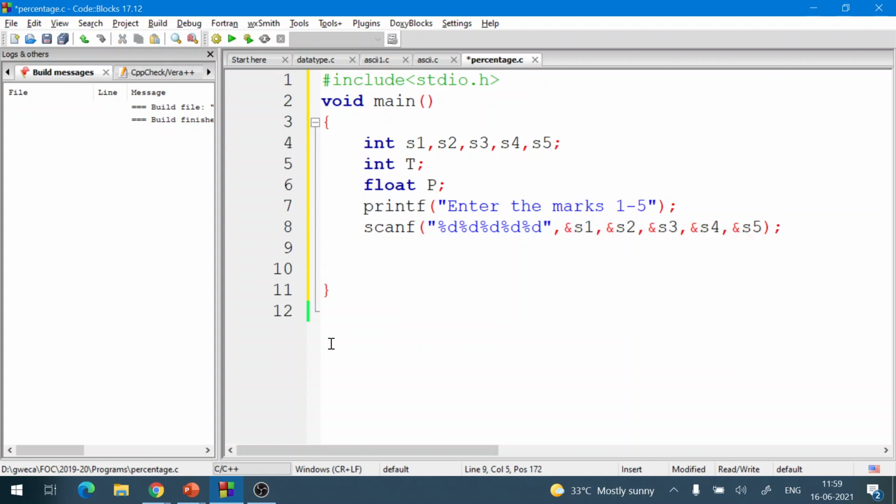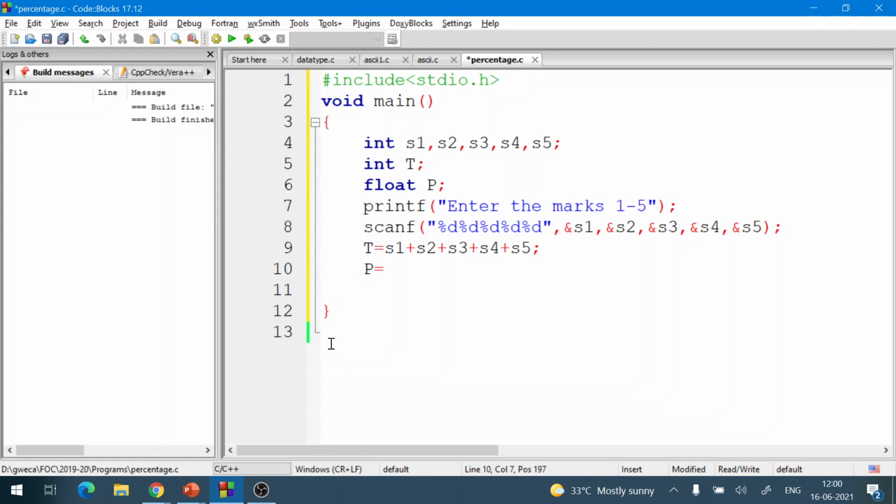Now after scanning, we want to bring the total s1 plus s2, s3, s4 and s5. This will give you the total, and then we will find the percentage. How is the percentage calculated?